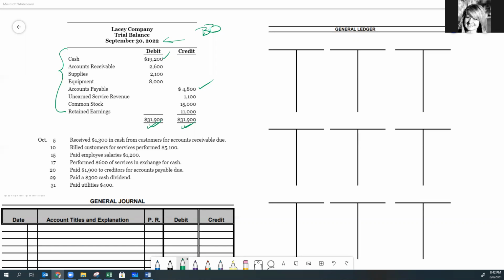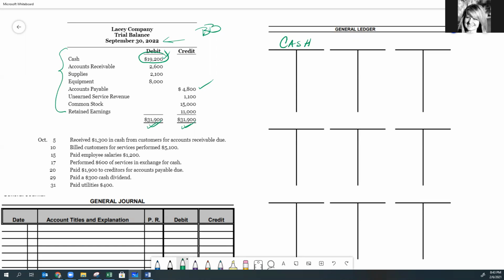So the first thing I'm going to do is go ahead and open up the general ledger with the beginning balances. The first account we have is cash, and the balance of cash is 19,200. So we're going to put that in our T account. This is a T account because it looks like a giant T, and it's kind of a shorthand of our general ledger.